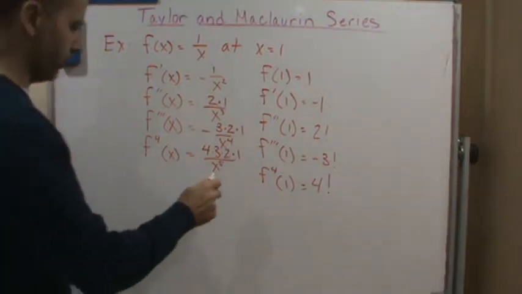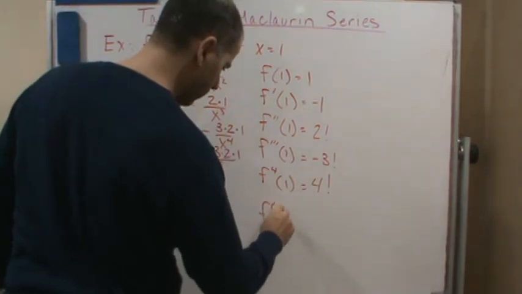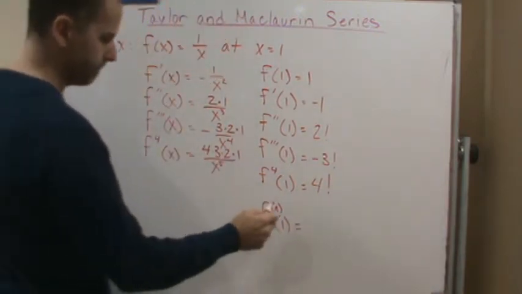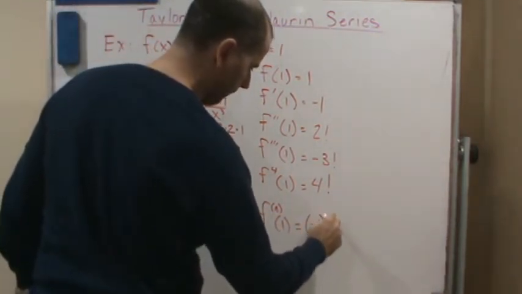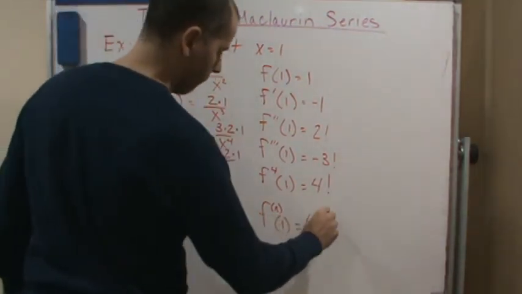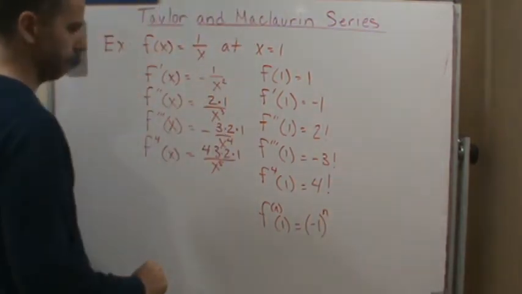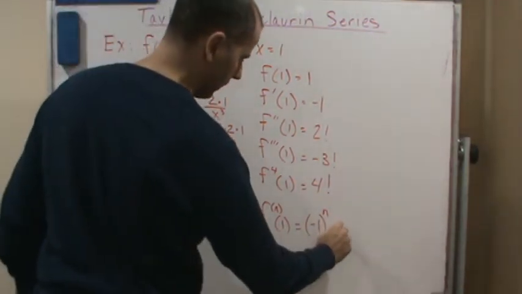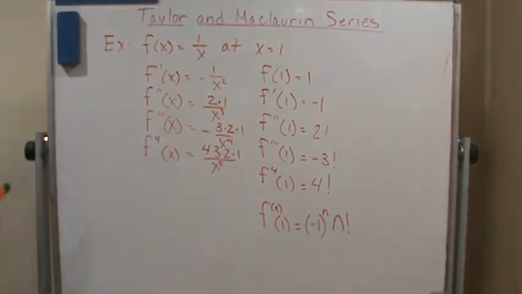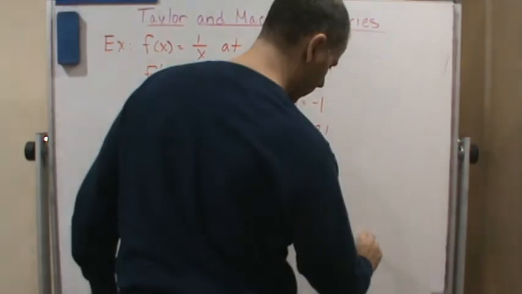So f to the n of 1 is going to end up being negative 1 to the nth power times n factorial. And this is going to be for all n greater than or equal to 0.